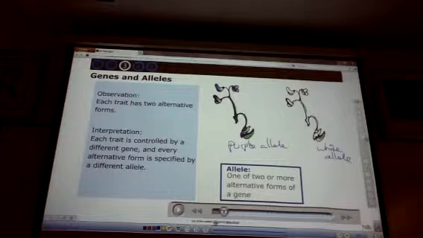All right? And by convention, well, I won't get to that, but we usually use letters to symbolize our alleles. Okay? So this is one of the first things that Mendel proposed, this idea of different forms of traits. Question over there? Is that a T? That's a P. Oh, yeah, sorry.